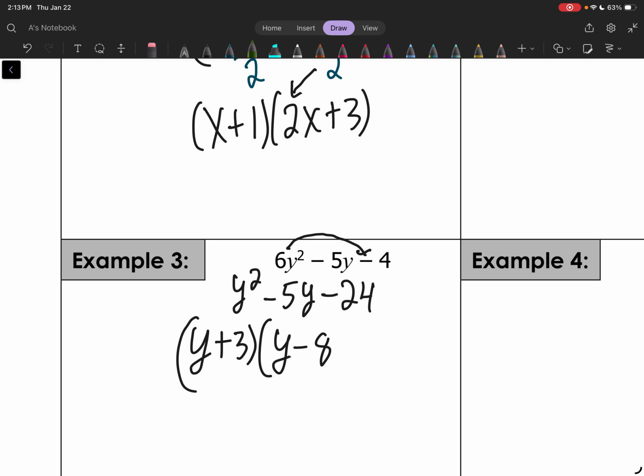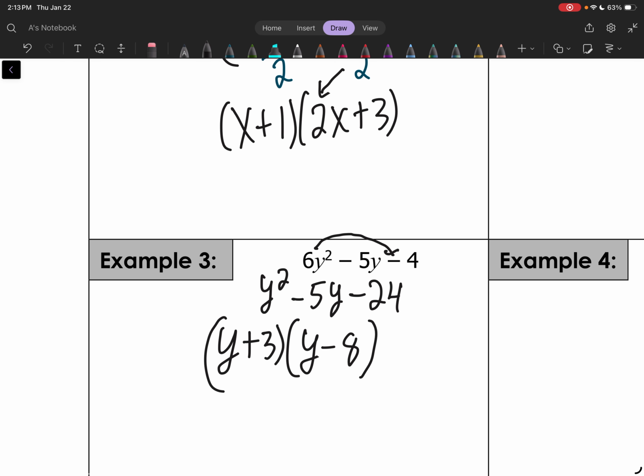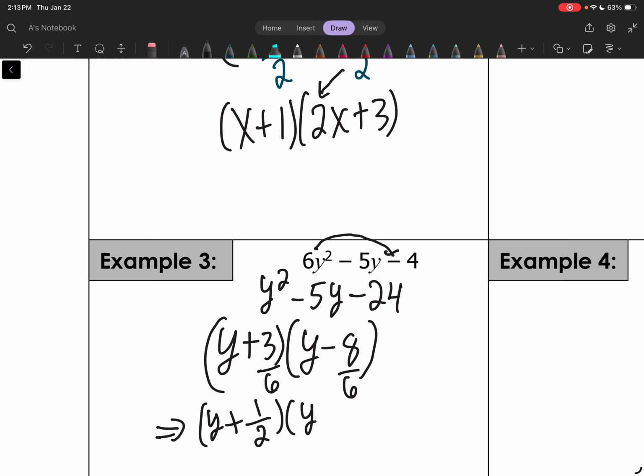From here, I'm going to divide by the a value from the original. I can simplify this. I'm going to redraw that arrow. This is y plus 1/2. This is y minus 4 over 3.